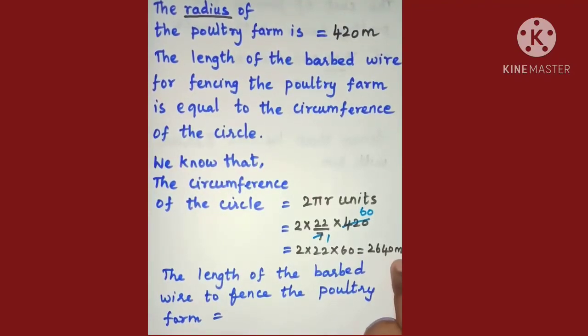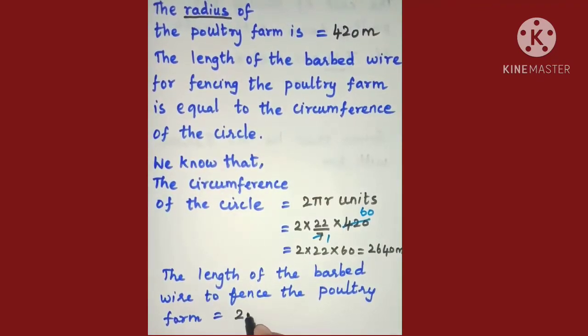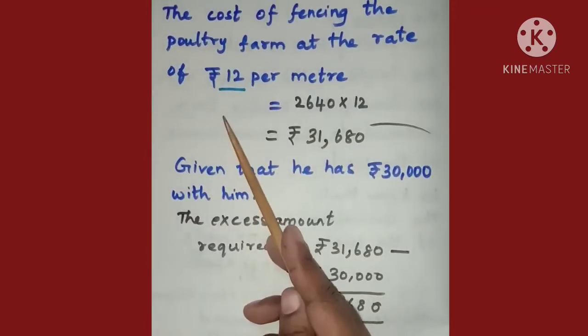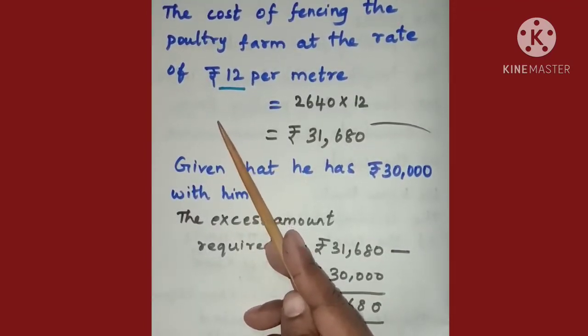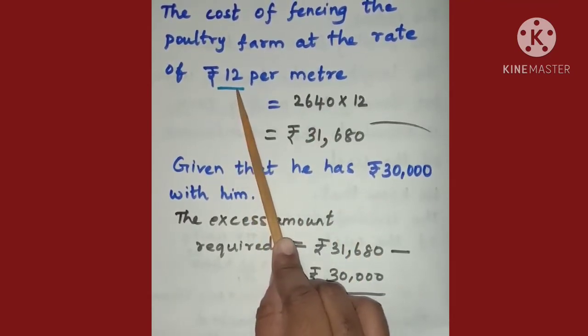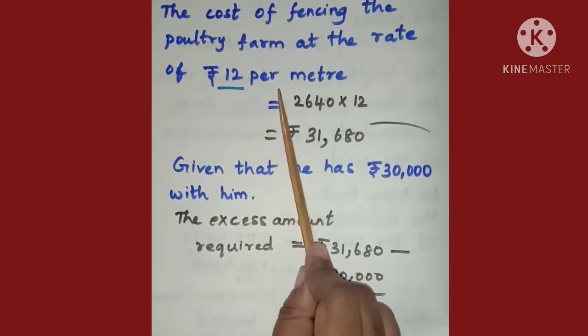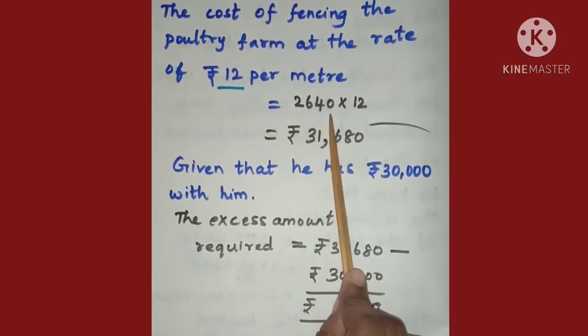So students, the length of the barbed wire to fence the poultry farm is 2640 meters. The cost of fencing is 12 rupees per meter. So we have to find the cost of fencing the poultry farm for 2640 meters.